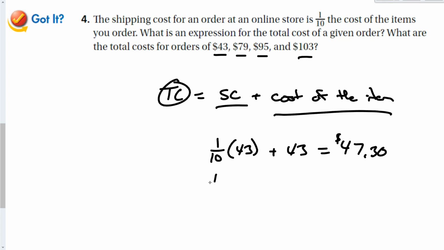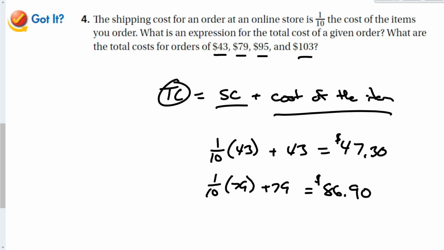Okay, same thing, 1/10 times 79 plus 79. So that's 79 plus 7.9 gives me 86.90. Okay, and then you can leave the other two to figure out on your own there.